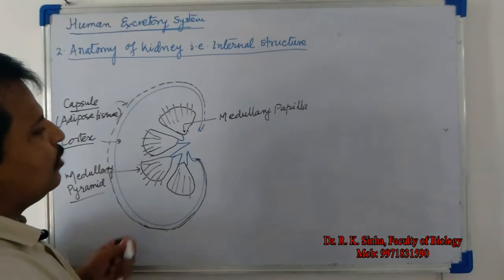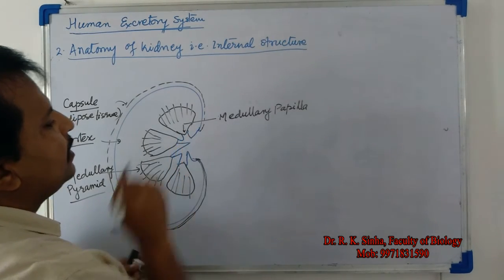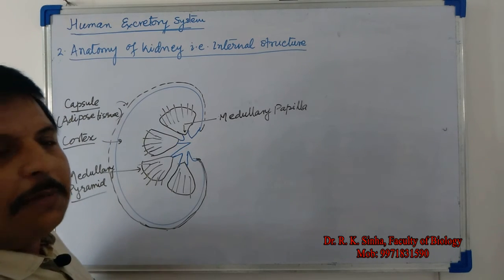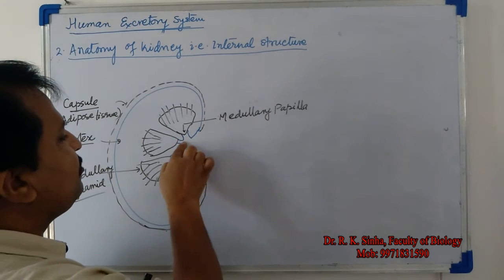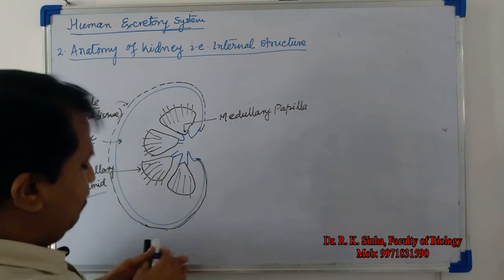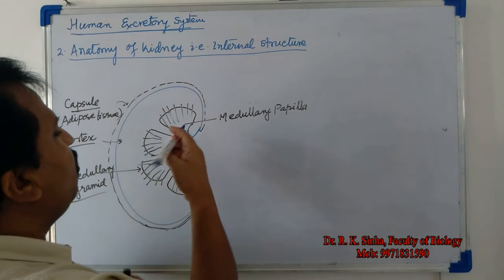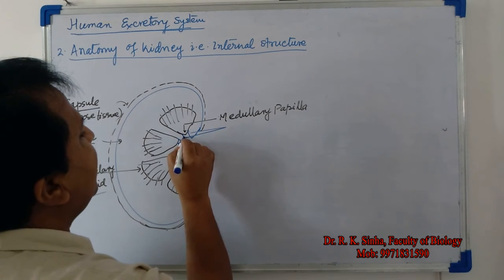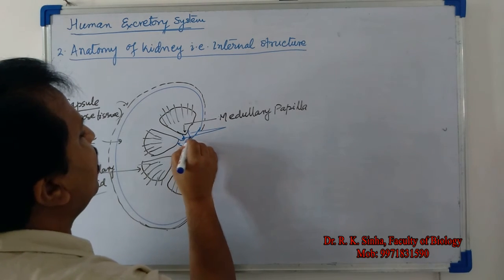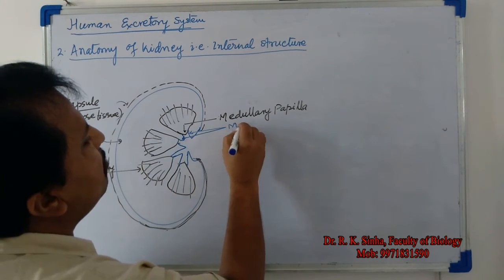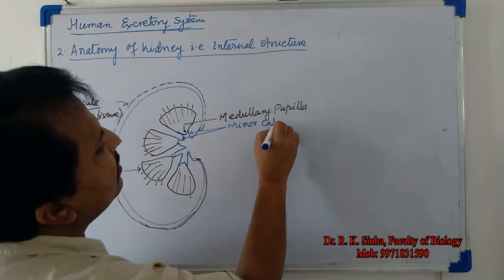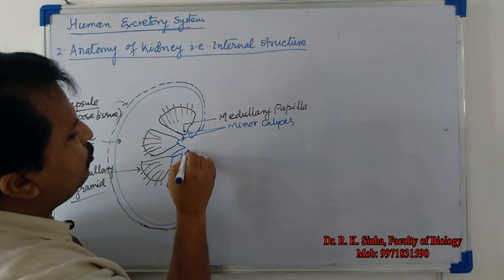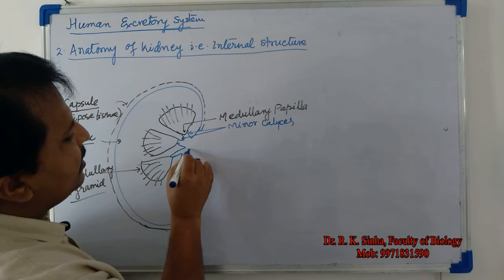So these two are minor calyces, and both the minor calyces will open. So these are minor calyces, this one and this one, and many minor calyces join to form this structure.